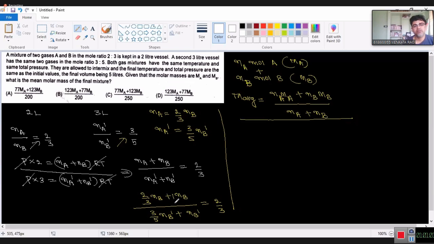And 3/5 plus 1 is 8/5. So 5/3 of Nb divided by 8/5 of Nb dash is equal to 2/3.